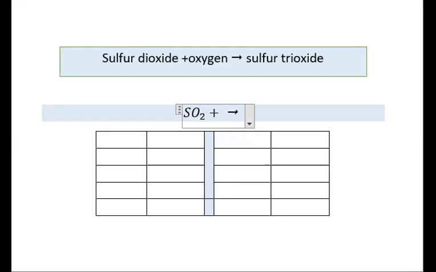Plus oxygen, and oxygen is O2 because it's diatomic and it's alone, right? And then I get sulfur trioxide. And how do I write sulfur trioxide? I want all of you to try because all of you can get this right. It's not SO4.